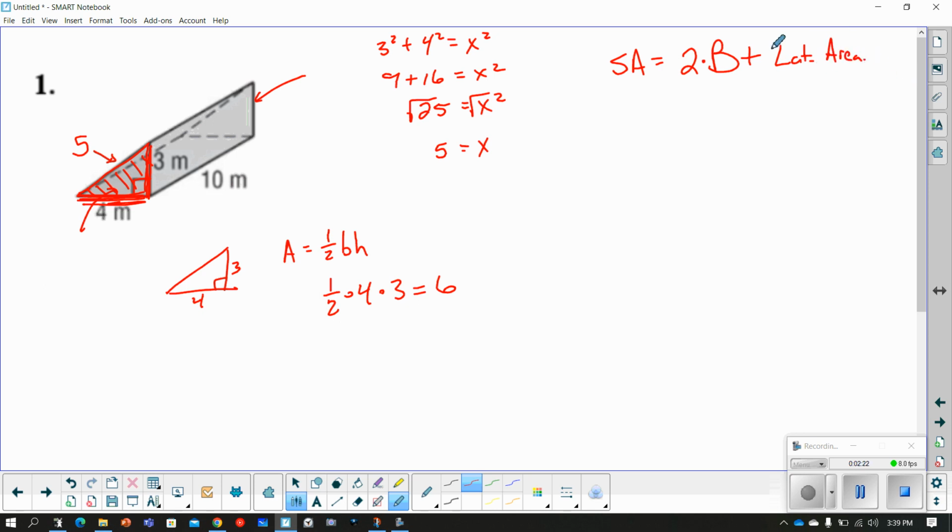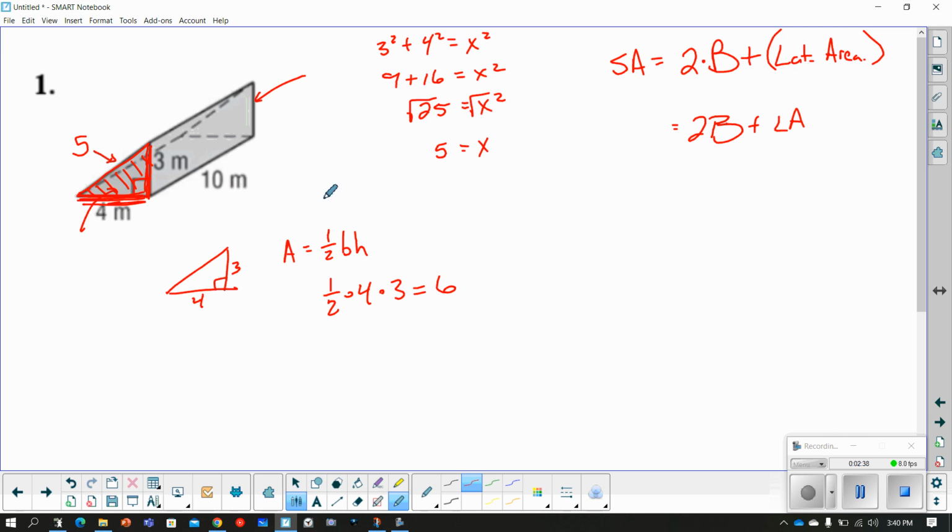That's just the area of all those sides added up. Okay, so sometimes it's written this way, sometimes it's written like this, 2B plus lateral area. So there's different ways that they can write this.